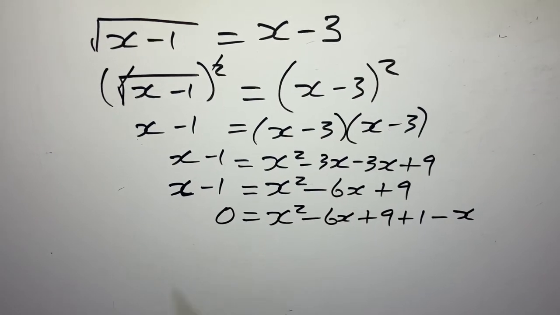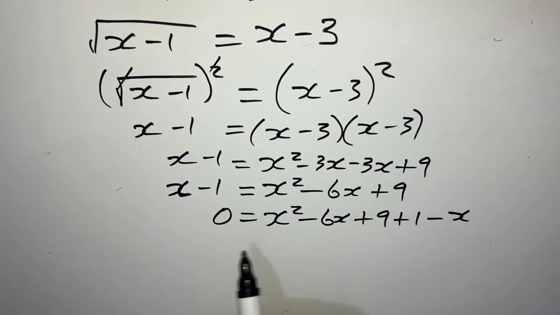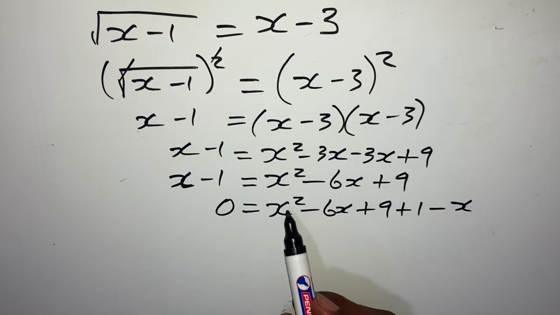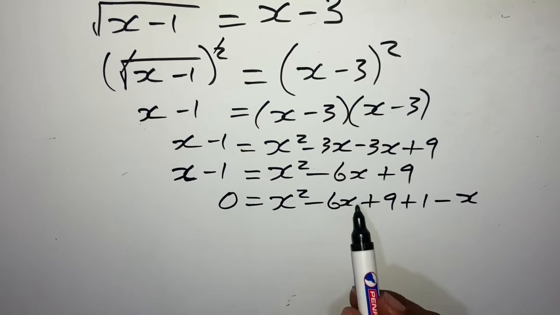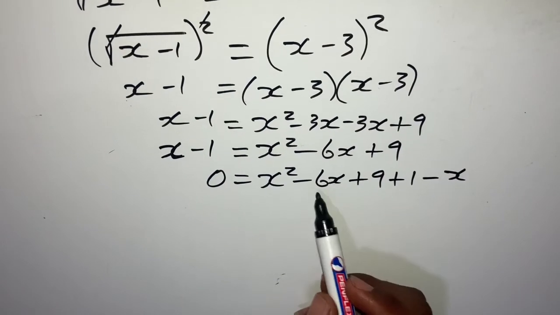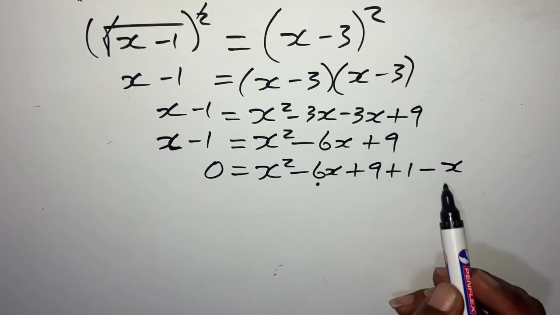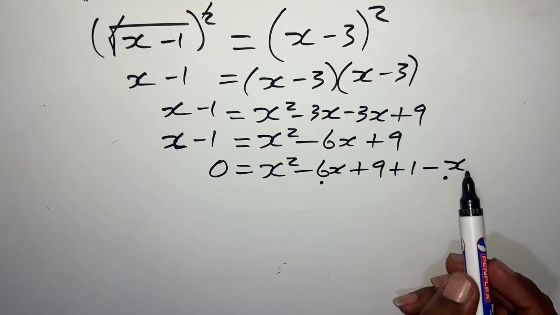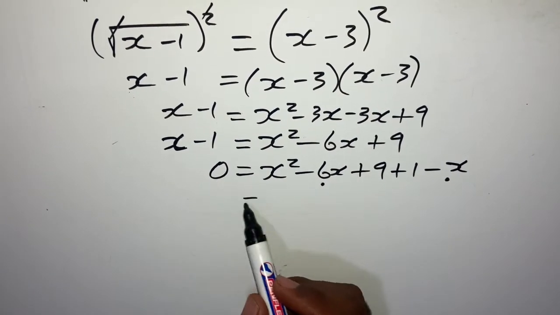So now, just to put this in standard form, we'll have an x squared, then minus 6x, like terms, minus 6x and minus x.